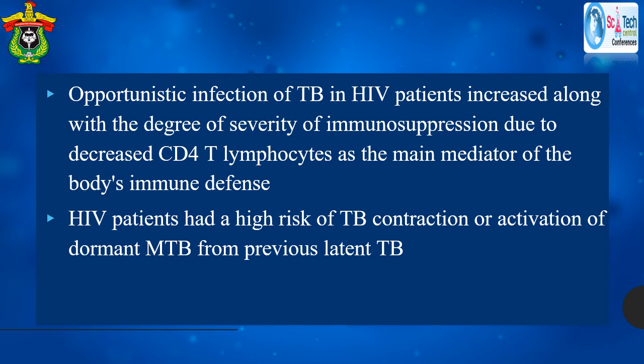Opportunistic infection of TB in HIV patients increases along with the degree of severity of immunosuppression due to decreased CD4 T lymphocytes. As the main mediator of the body's immune defense, HIV patients have a high risk of TB contraction or activation of dormant MTB from previous latent TB.